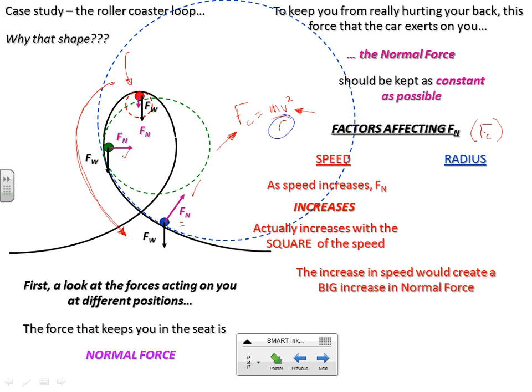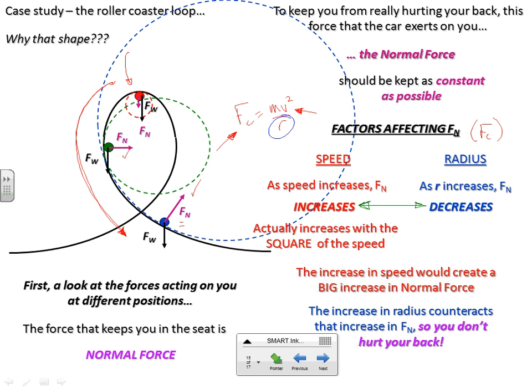And so as your speed increases on the way down, we make the radius of that curve a lot bigger. And so these two things can counteract each other. Increase of speed would make that Fn go way up, but an increase of R keeps it down. There it is. So that's literally why those loops are shaped the way they are.